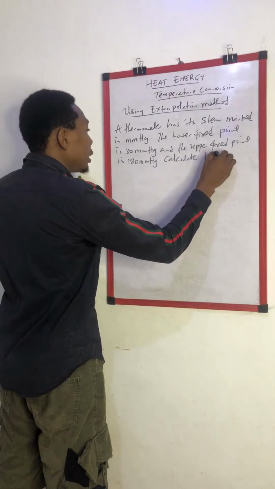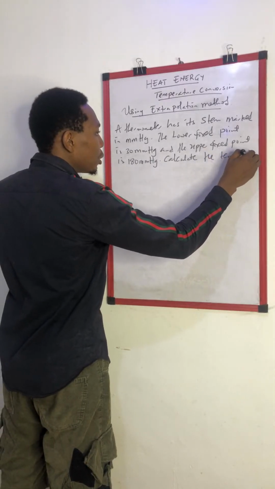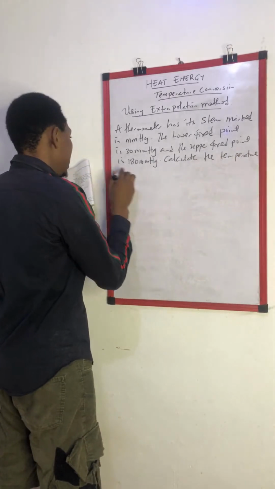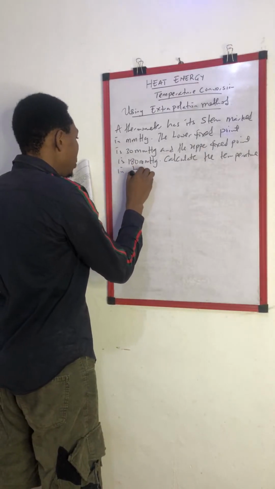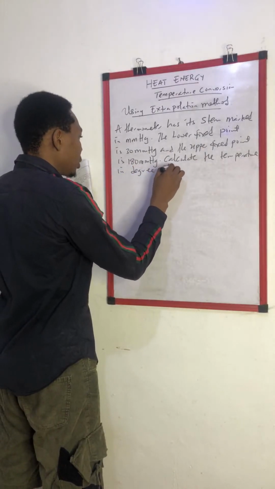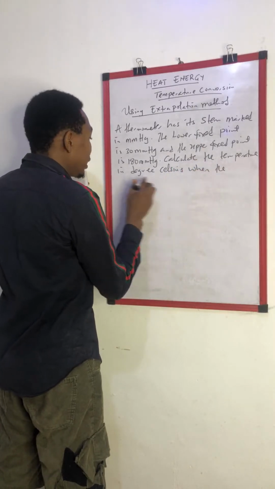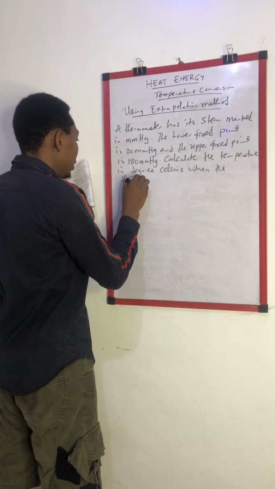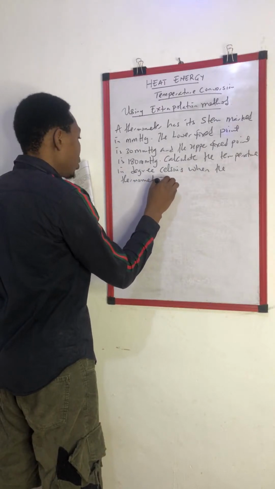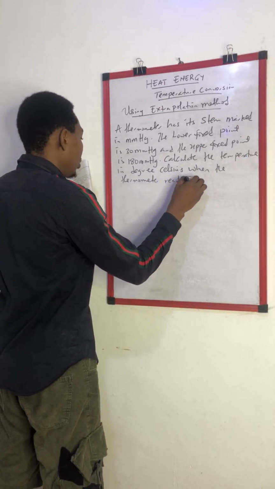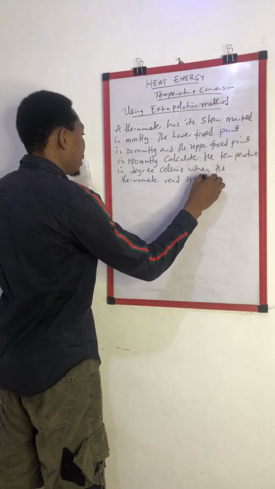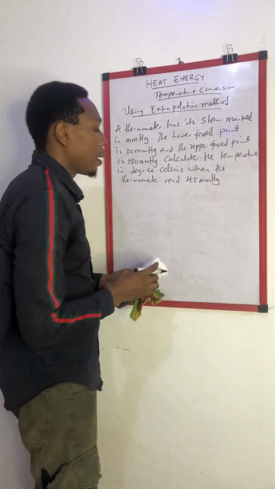Calculate the temperature in degrees Celsius when the thermometer reads 45 millimeter mercury. All right.